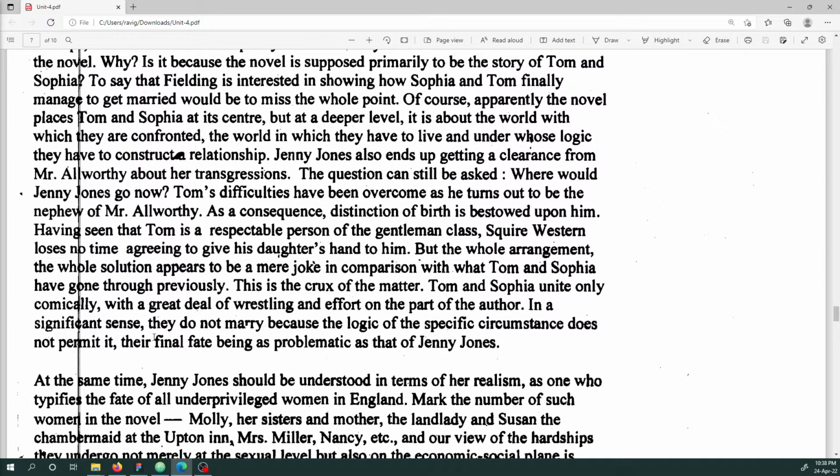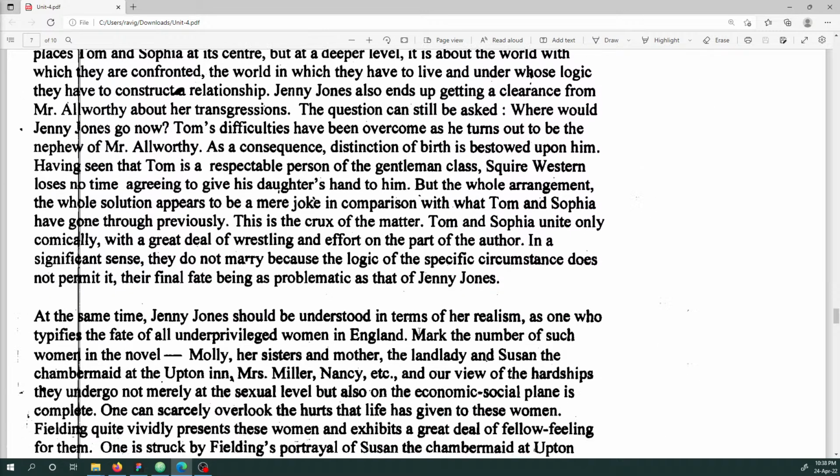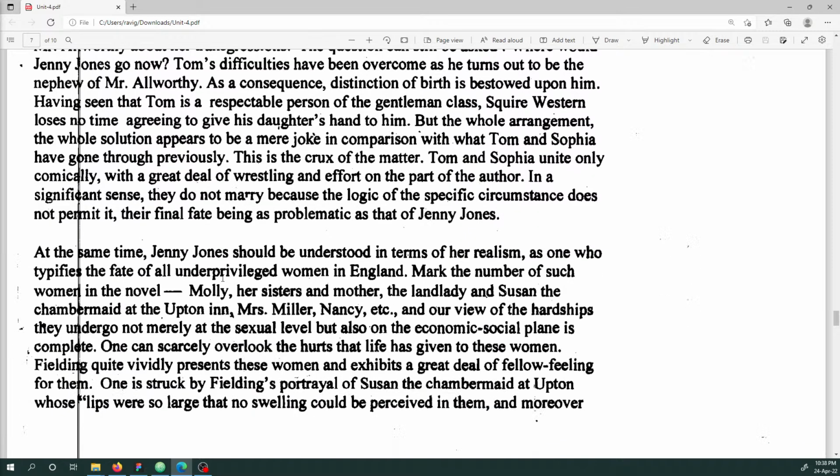In a significant sense, they do not marry because the logic of the specific circumstance does not permit it, their final fate being as problematic as that of Jenny Jones. At the same time, Jenny Jones should be understood in terms of realism as one who typifies the fate of all underprivileged women in England.